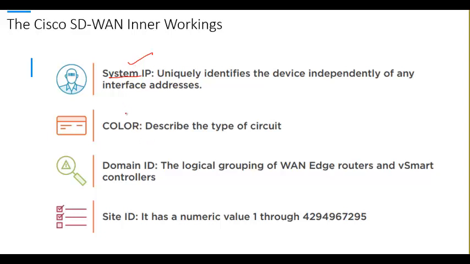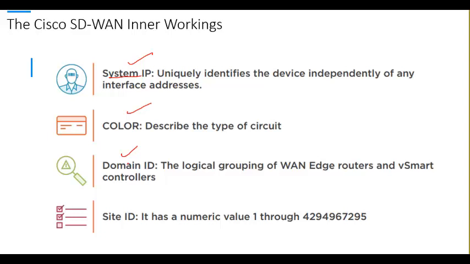Now that is about the system IP and the color. We have spoken about color. We have spoken about system IP. Thirdly, we have domain ID. As it is said here, it's a logical grouping of WAN edge routers and the vSmart. So within a domain, WAN edge routers can connect to other vSmart controllers in their own domain.